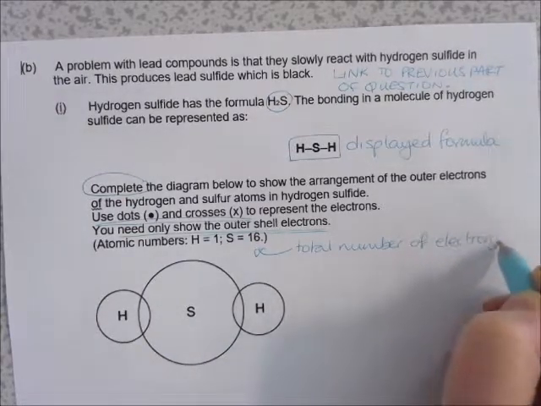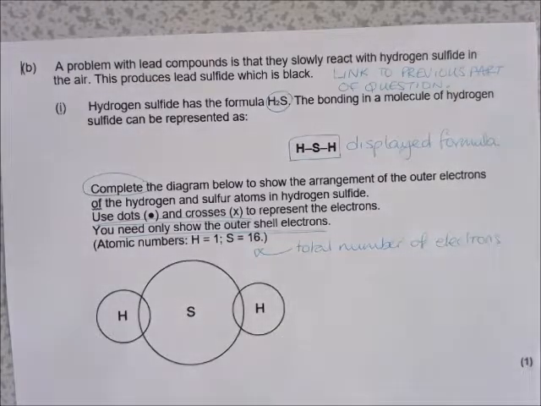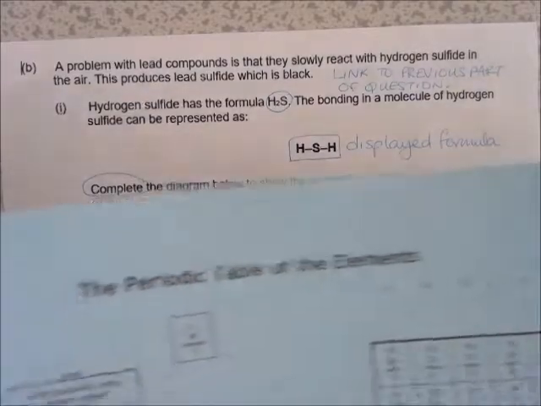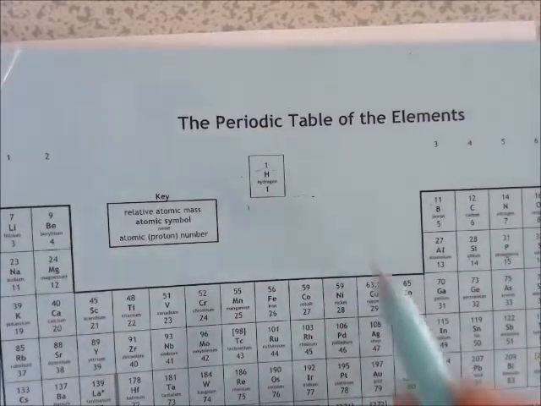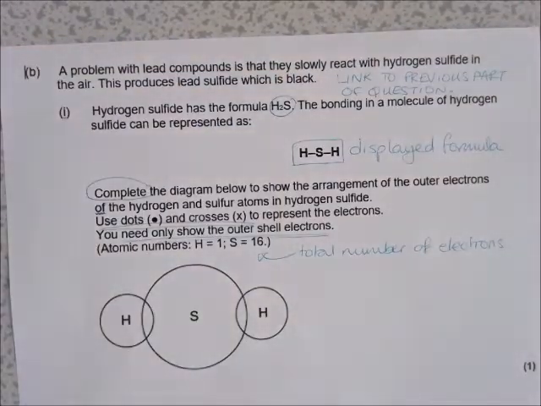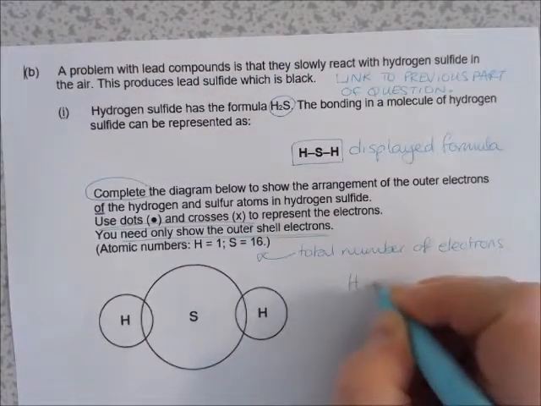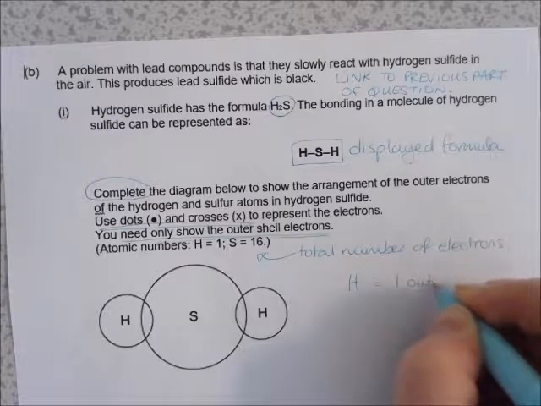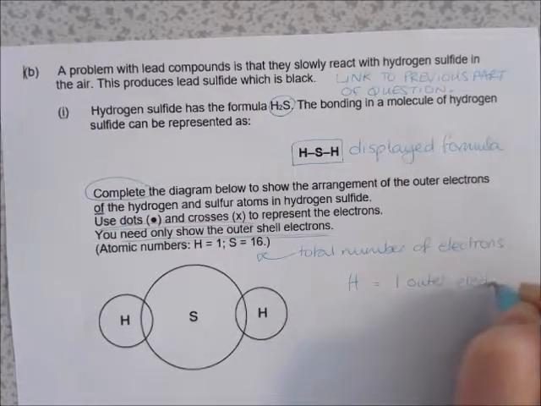Or you can use the periodic table that they will give you to look up the two elements that you need. Hydrogen only has one electron, so it only has one outer electron, because its one electron is also its outer electron.